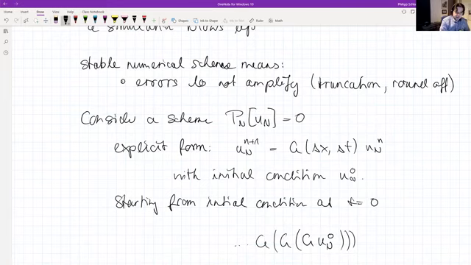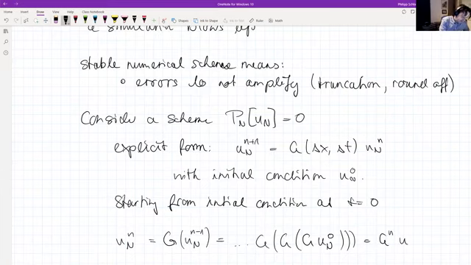So I have multiple g's here. In the end, I can very quickly see that this is g of un at n minus 1, and of course, this is then un at n. So it's just a sequence of applying g. And if I count how many g's that is, it's g to the power of little n applied to un0, my initial condition. So that's the way that my time integration would work. I just amplify my solution at each time step with another version of g.